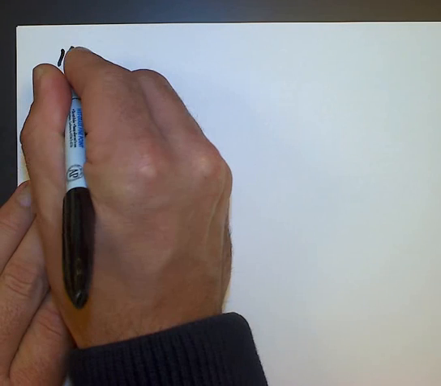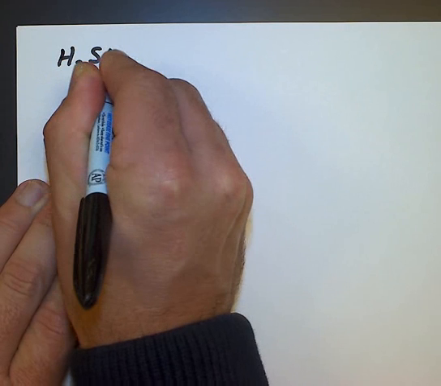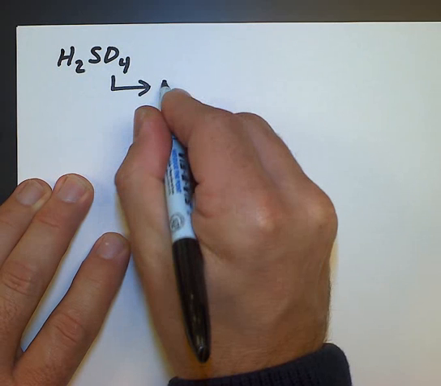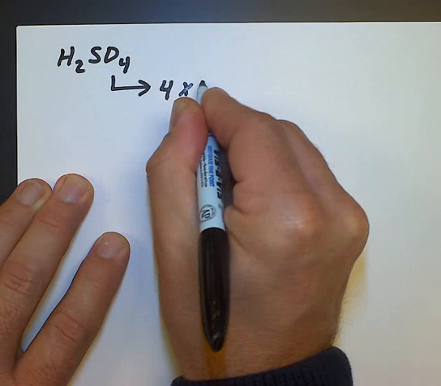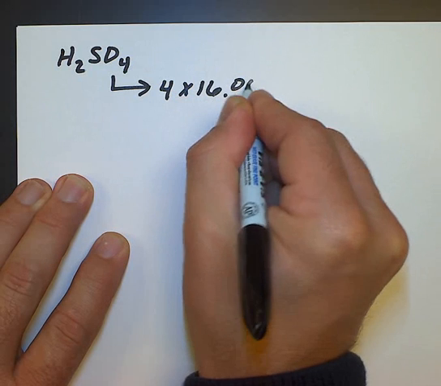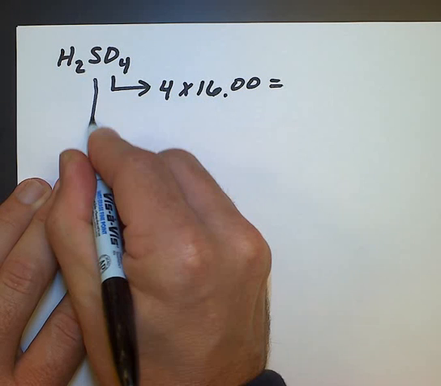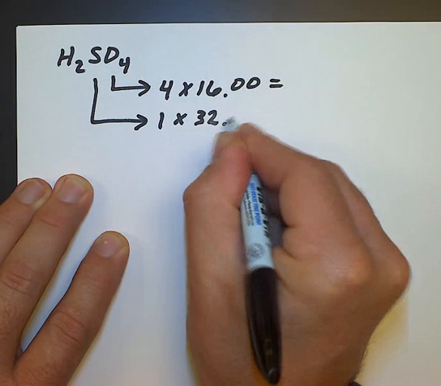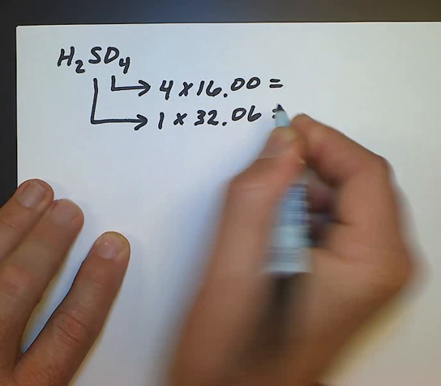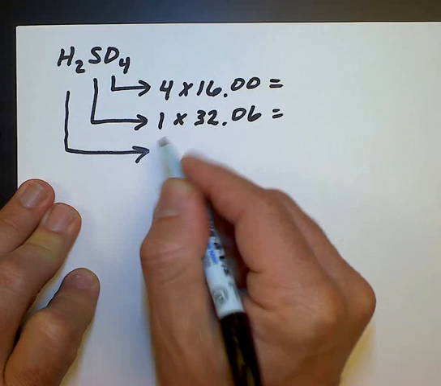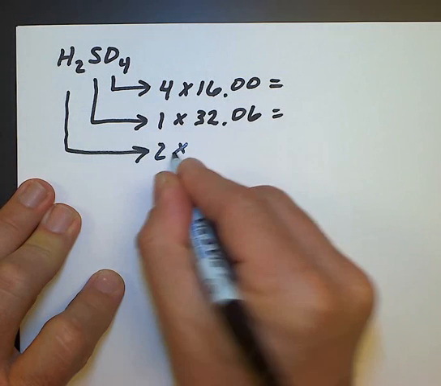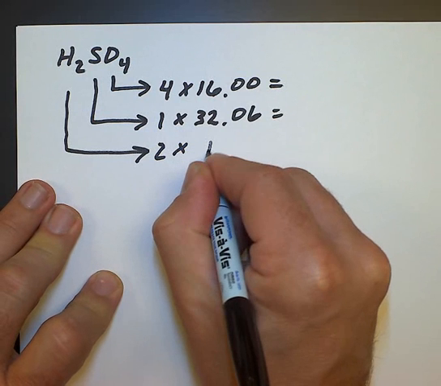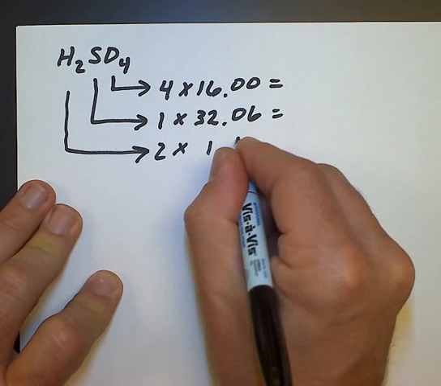We have H2SO4. The first thing we need to do is add up the molar mass, just like we did a few moments ago. So we have 4 oxygens, each one's 16.00. We have 1 sulfur at 32.06. And we have 2 hydrogens. Each hydrogen's 1.01.